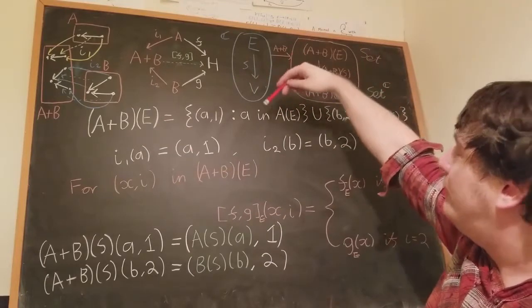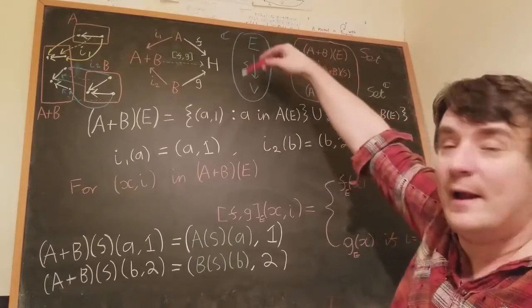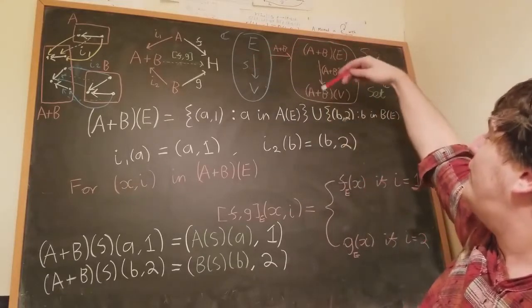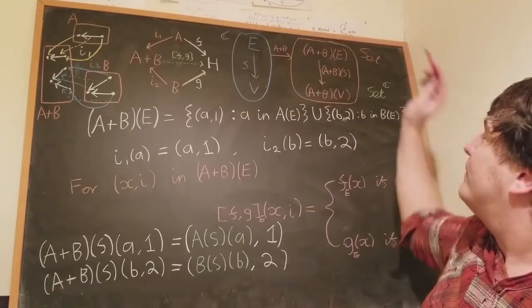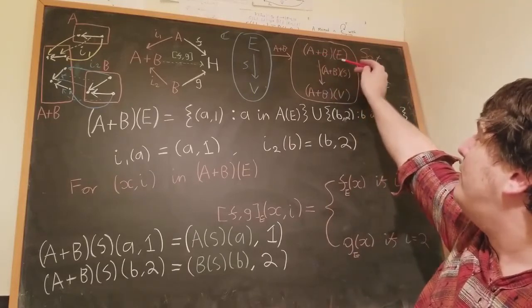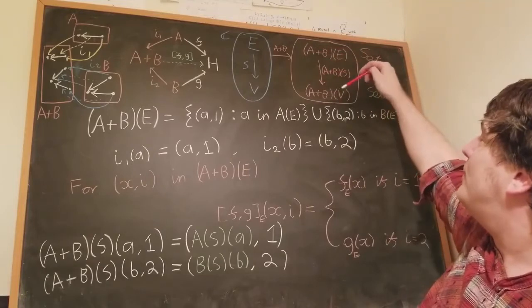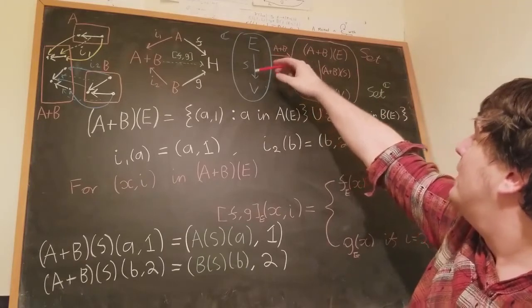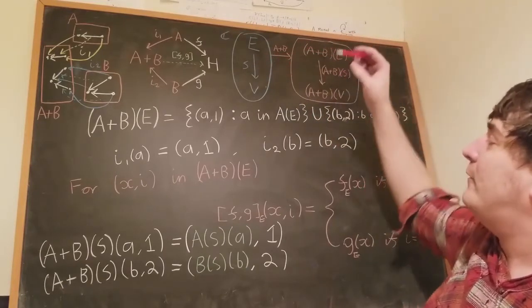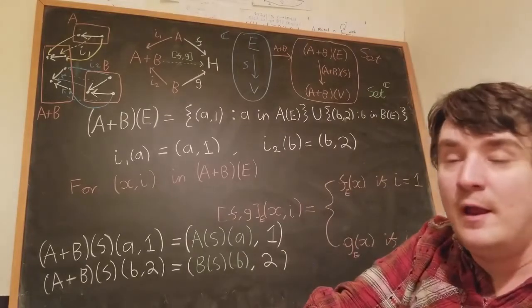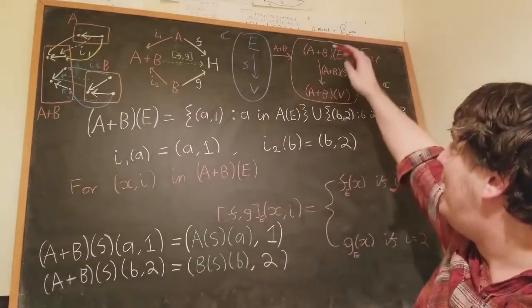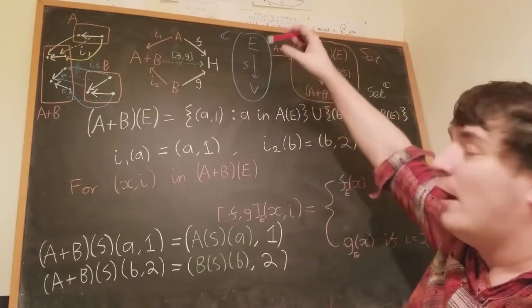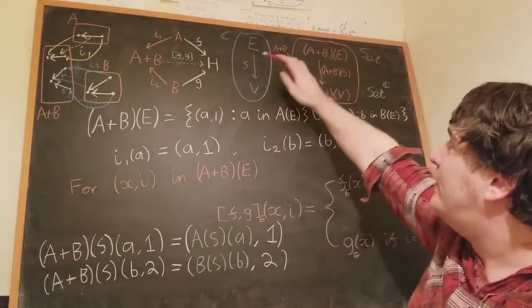So if we think about this as some of the stuff inside our category C, and this A plus B is a functor going into set, then A plus B of E will be a set, A plus B of V will be a set, and A plus B of S will be this arrow S here, lifted to be a function from this set to this set. Okay, so all we really have to do is describe what kind of sets A plus B sends this object E to, and what kind of function A plus B sends this S to.